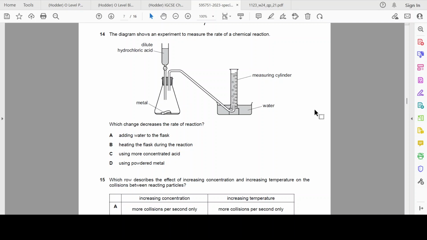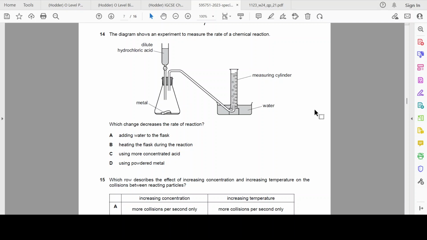Increasing the surface area of a solid increases the rate of reaction. So a powdered metal would have more surface area compared to a strip of metal, and so there's more surface area for the reaction, which will increase the rate of reaction. So that would be the incorrect choice, right? They're asking for a decrease.